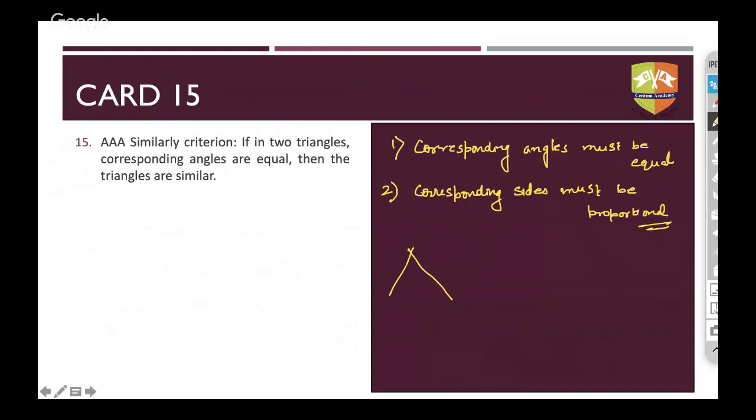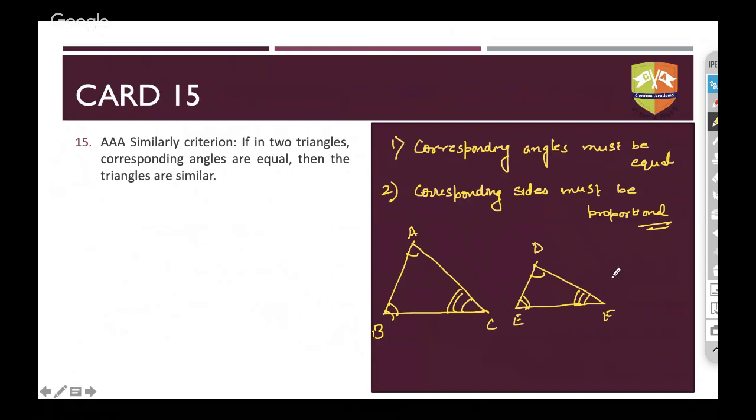Even if all 3 angles are the same, let's say angle A is equal to D, B is equal to E, and C is equal to F, then also the two triangles are similar. I will try and do one proof for you.